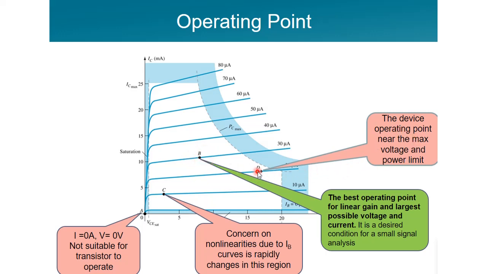The D point, the device operating point near the maximum voltage and power limit. Okay, this one also is not a good point because it is really near to the maximum limit for the device.